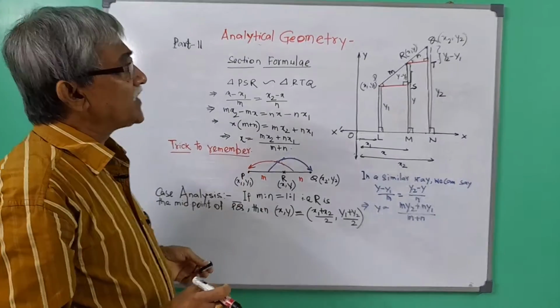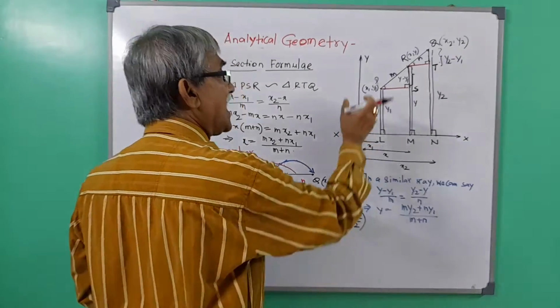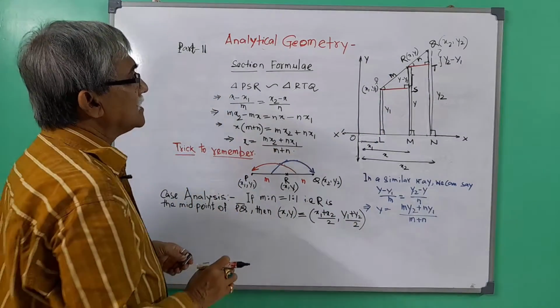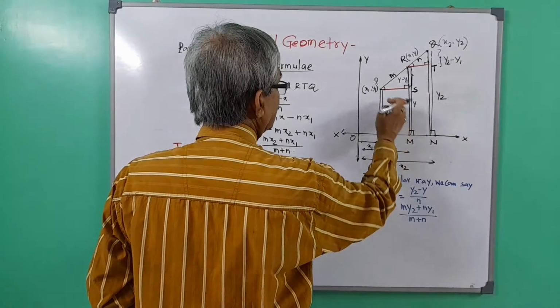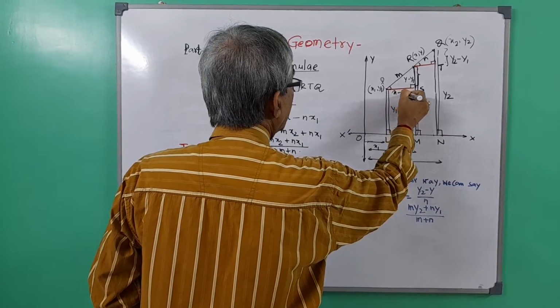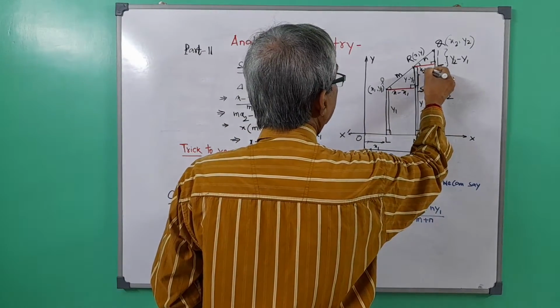Now, what are the properties of similar triangles? You may have read that the ratio of the corresponding sides will be equal. Now you see PS is x minus x1, and here it is x2 minus x.